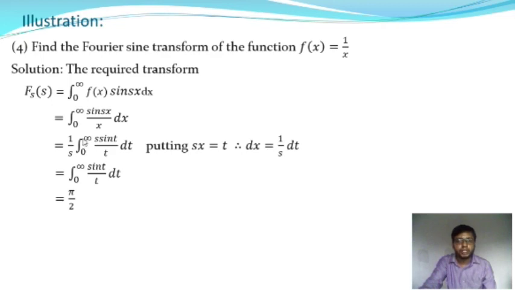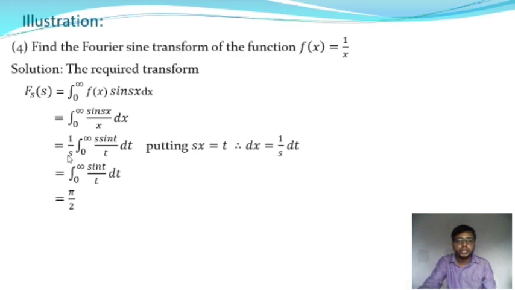So the upper limit and lower limit remain the same in that integration. So the integral from 0 to infinity of sin(sx) by x dx is reduced to 1 by s times the integral from 0 to infinity of s sin t by t dt, where t is the variable and s is the constant.